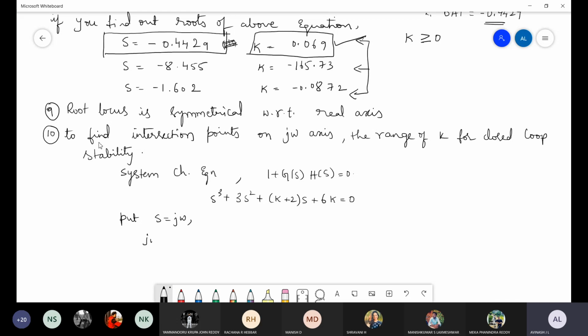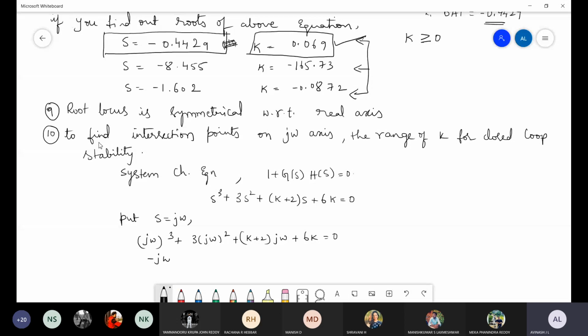So that means (j omega) whole cube plus 3 into (j omega) square plus (k plus 2) into j omega plus 6k equal to 0. In that case, what happens is j square is minus 1, and minus 1 into j is minus j.